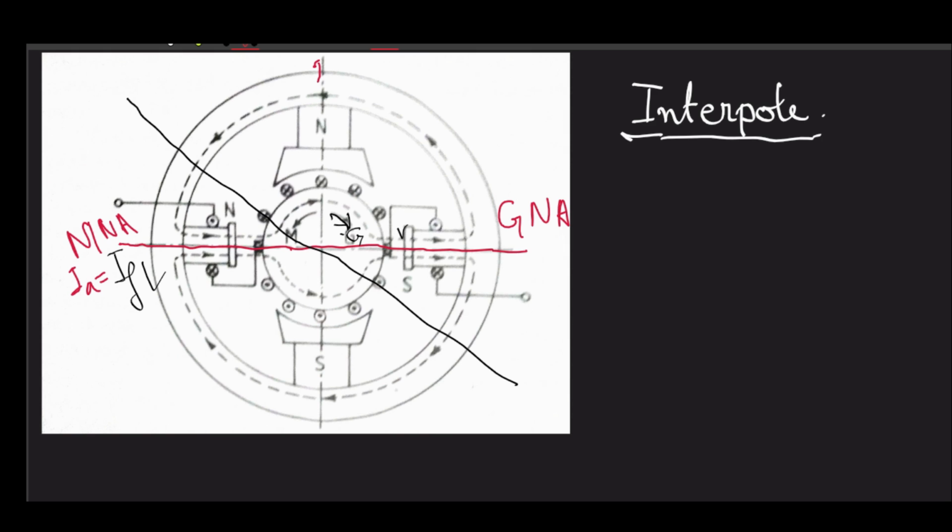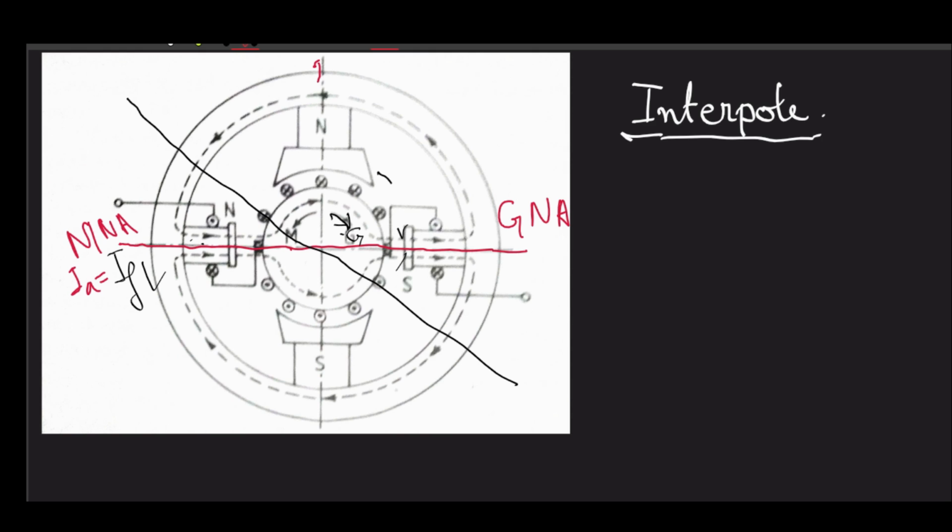if we consider this region, the upper half of this red line should be dominated by the north pole. But when you load your generator, it tries to extend this region from here to here.